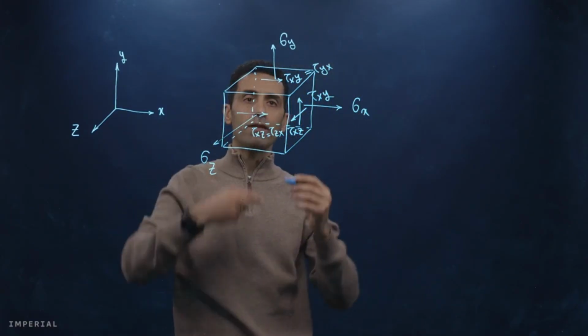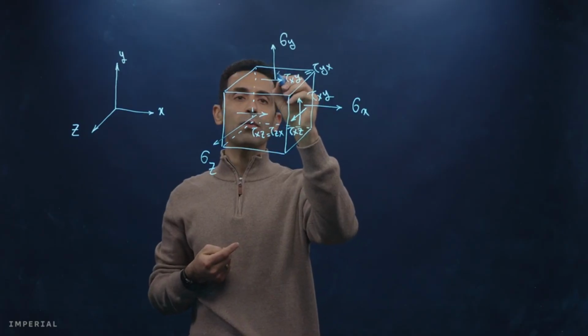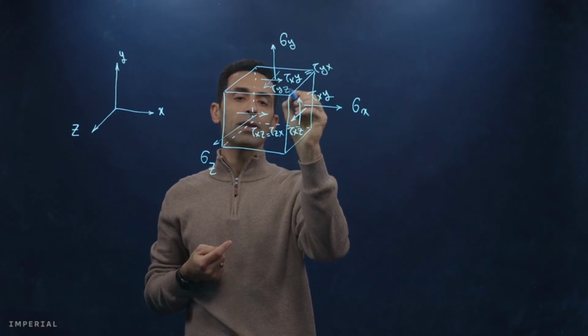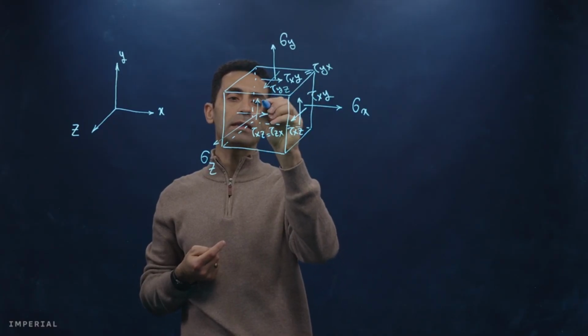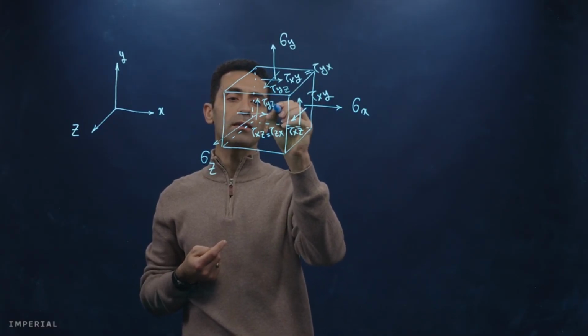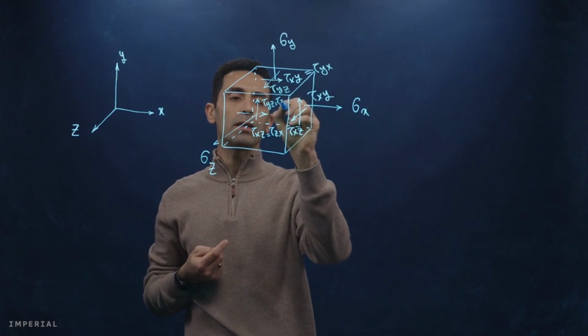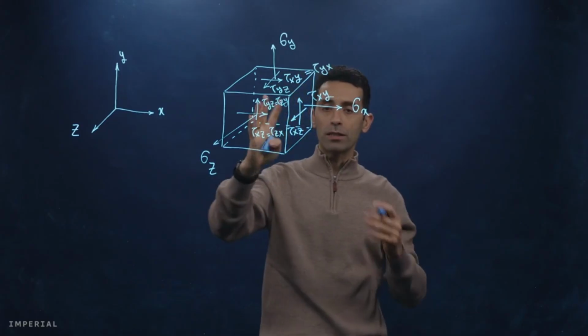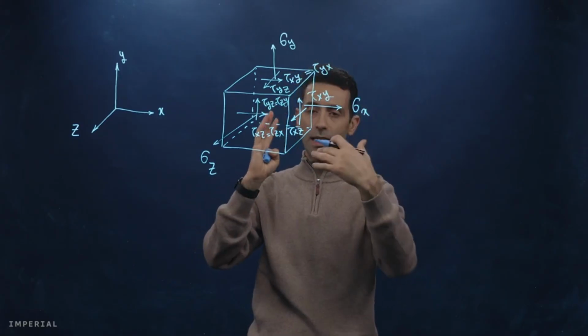As well as this face, if you look at that one, so that is a y face. So here you can have tau yz, which is equal to tau zy. And of course, I'm not showing the stresses on the other faces that are hidden.